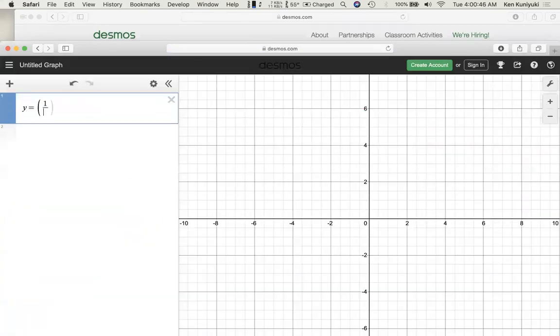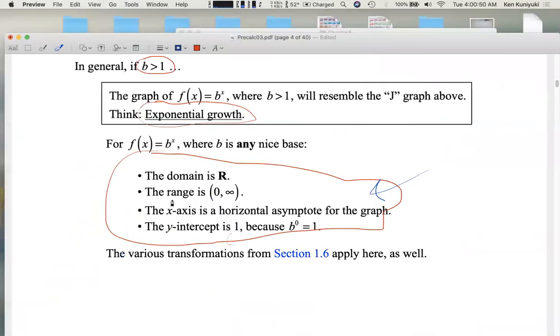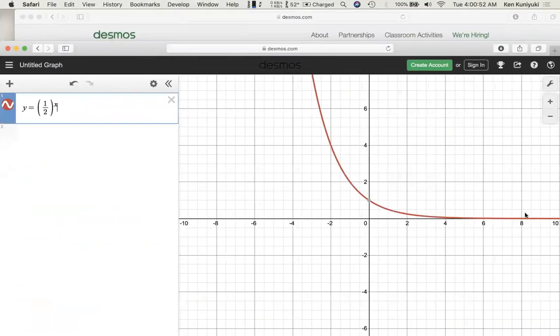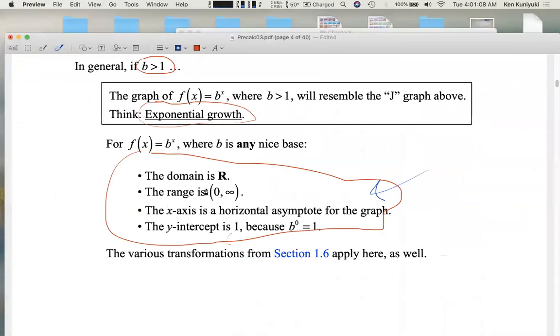Okay, y equals 1/2 to the x. Again, the same features apply. Domain is all reals. The range is the positive reals. We have a y-intercept at (0, 1). No x-intercepts, although we do have an HA at the x-axis, or y equals 0. So these same 4 features apply even if b is, say, 1/2.